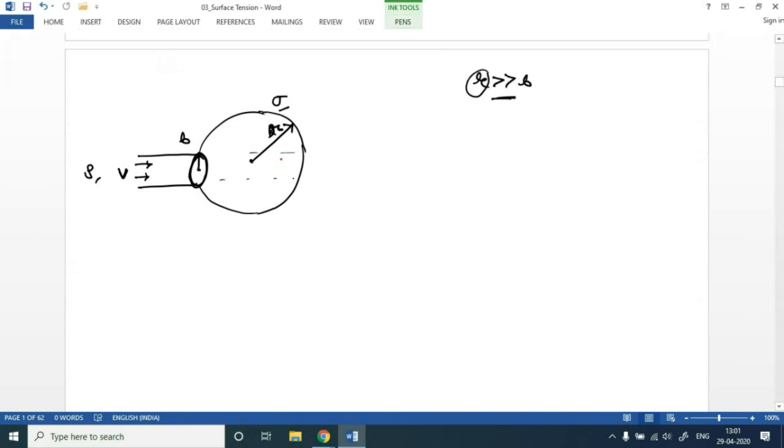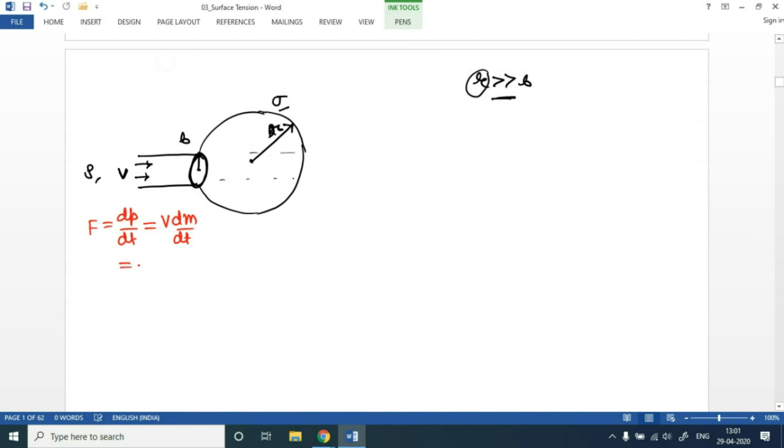When this air is moving inside the tube, the force exerted by the air would be dp by dt, which is v times dm by dt, and dm by dt is nothing but rho a v.